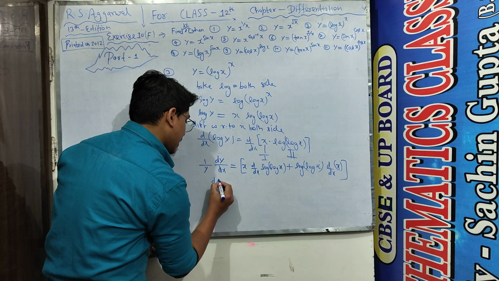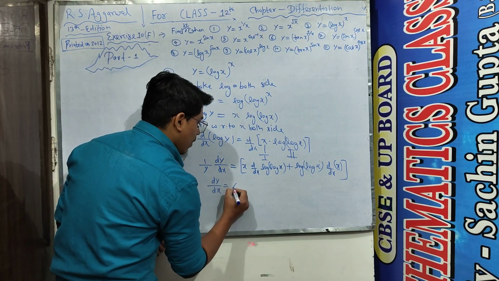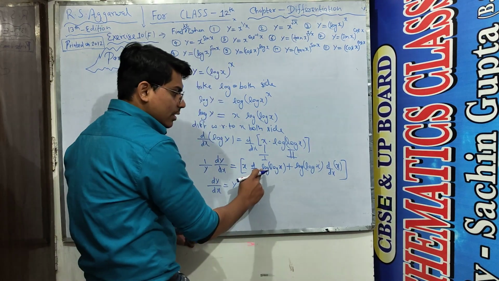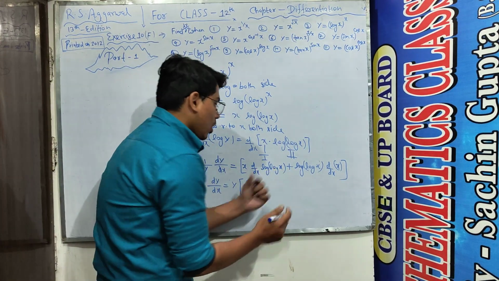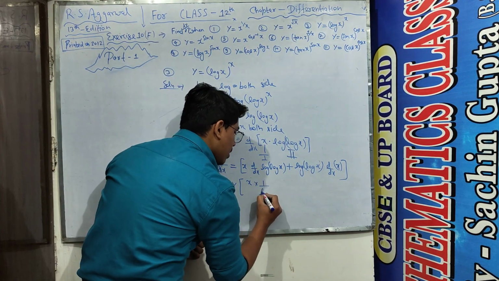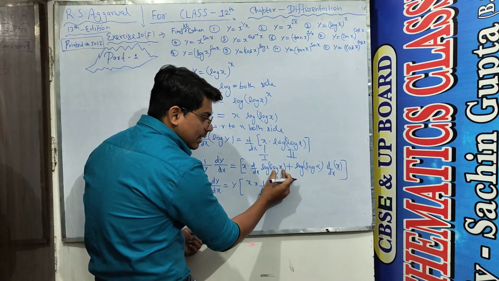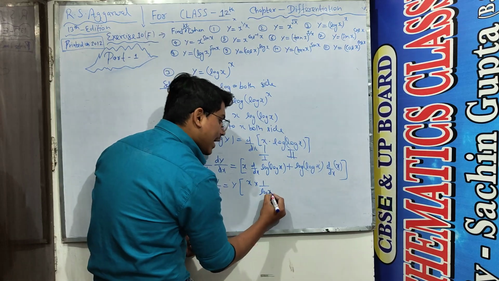This y comes on the multiplication, and x stays. The differential of log x is 1/x. Since in the place of x is coming log x, so I write here 1/log x.